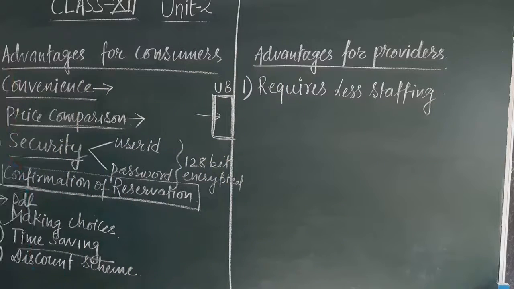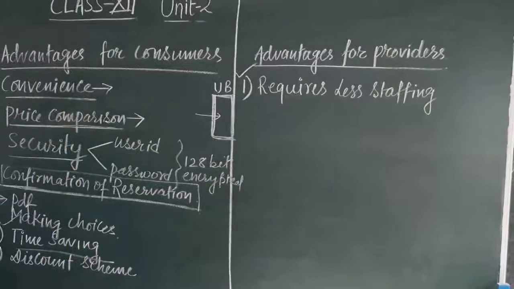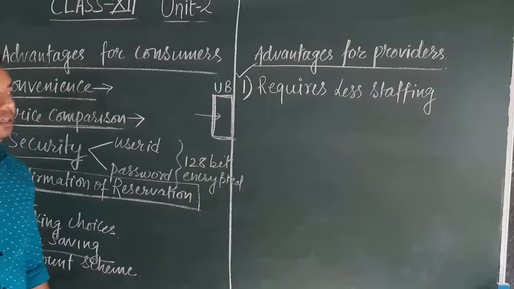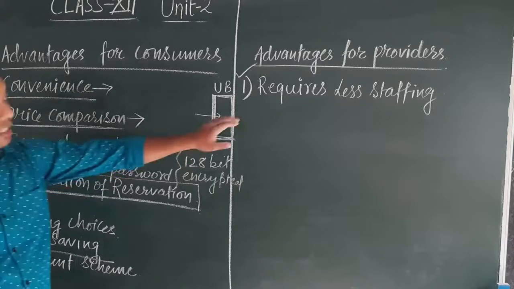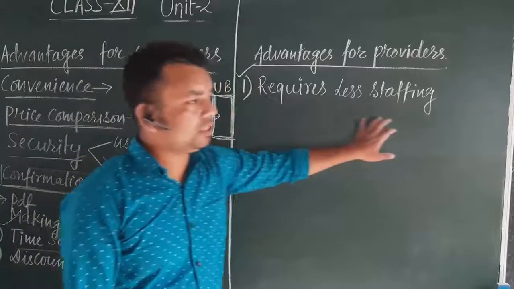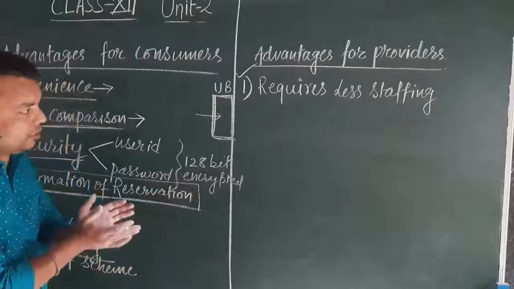See, in order to provide online facilities, we need less staffing, as it can be automated, by means of certain automation tools. They can provide those services, and only 2-3 staff might be required to handle the whole task.